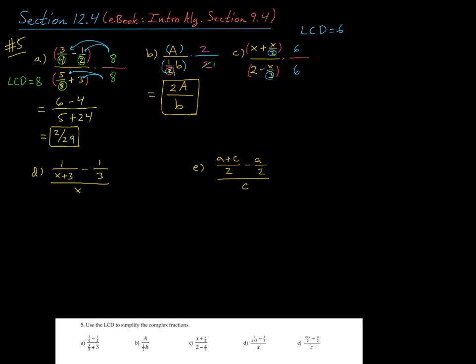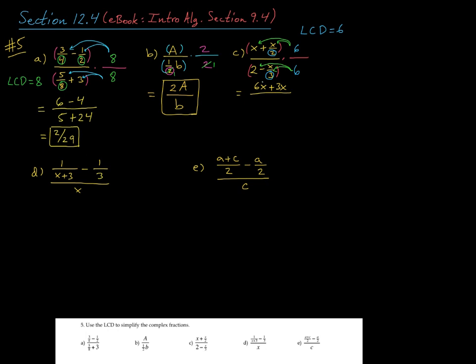And when we distribute, just as we saw in part A, we're going to clear out all the fractional stuff, basically. So we're going to get 6 times x is 6x. And then 6 times x over 2, well, 6 divided by 2 is 3, and that 3 will multiply that x, so I'll get 3x there.